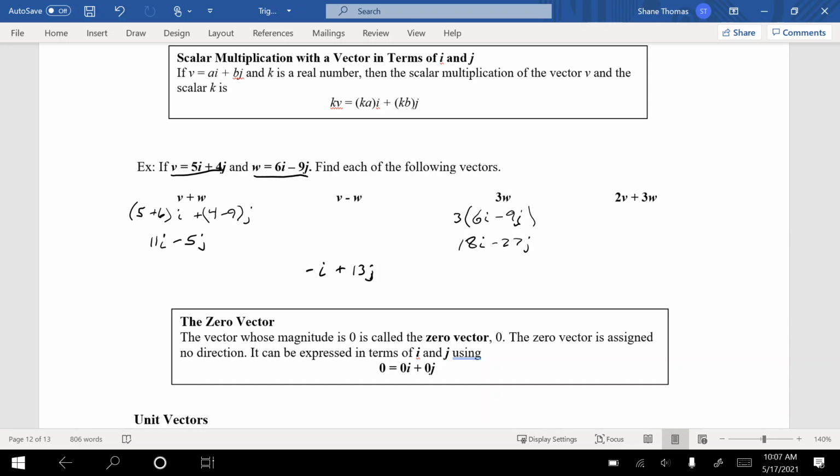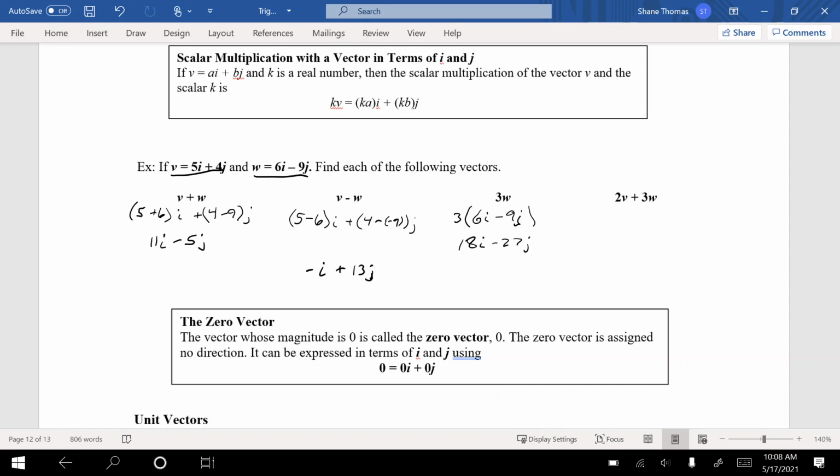So V minus W is going to be 5 minus 6 I plus, we're going to have 4 minus a negative 9. Missed one negative sign in there, I'm guessing. Okay, so I had 5 minus 6 is negative 1, and 4 plus 9, which is 13. Who got that?